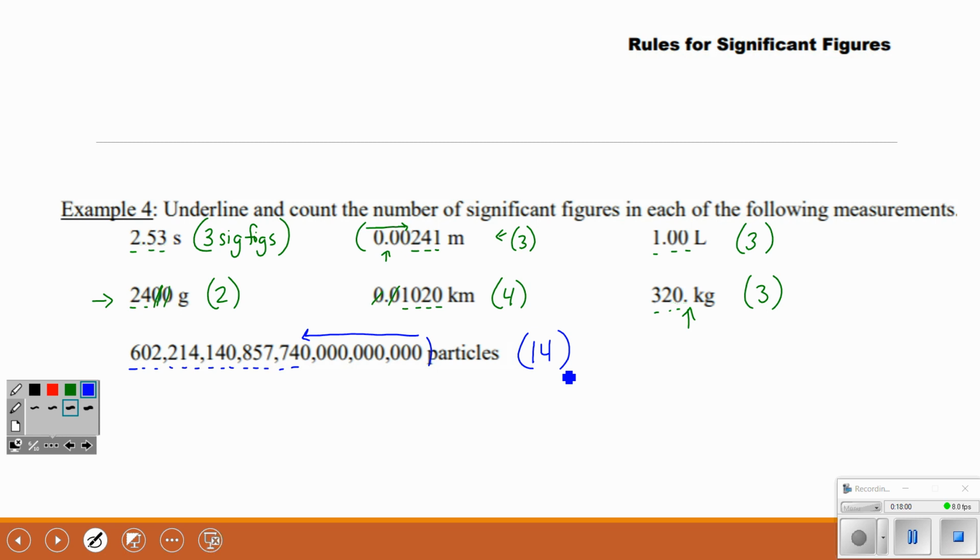So if you go back and you look at the numbers that have the least amount of significant figures, like this one, 2,400 grams, then that is not as precise a measurement. Look at the ones that have more significant figures, like this one. That is a very precise measurement. So the more significant figures that you have in a measurement, the more precise the measurement was.